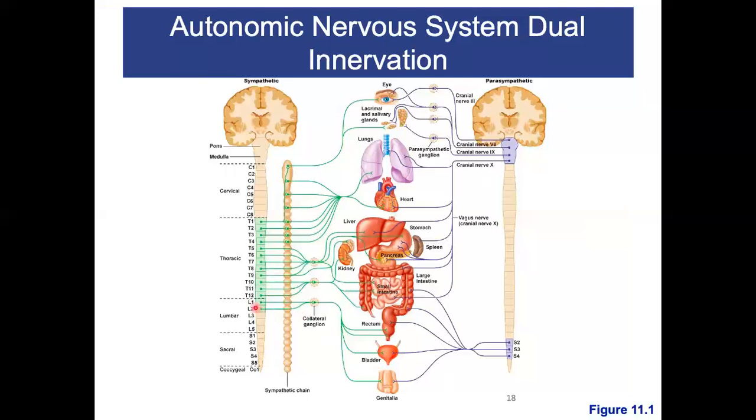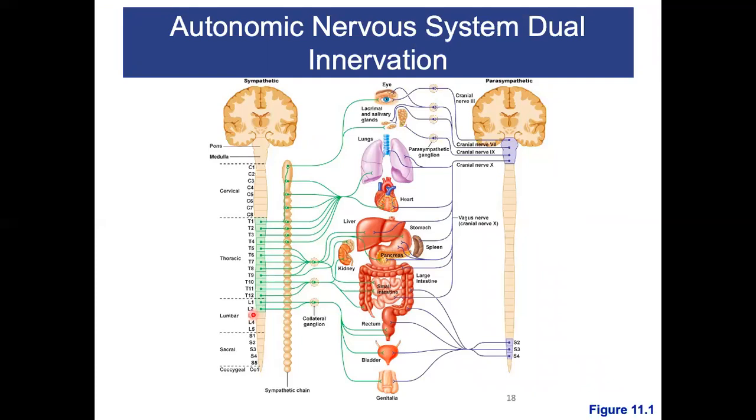So if you have damage anywhere in that lumbar region, that's going to affect rectum, bladder, and genitalia control as far as your sacral region. In addition, when they're doing a spinal tap, when they want to take cerebrospinal fluid, they're going to inject below L2, or in between L2 and L3, to pull out some cerebrospinal fluid, because that's where they're less likely to cause damage.